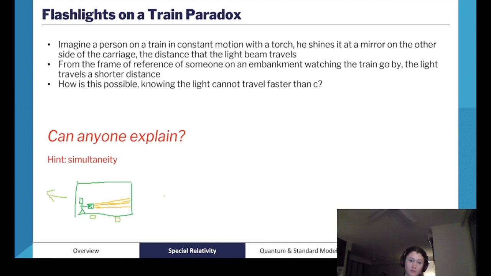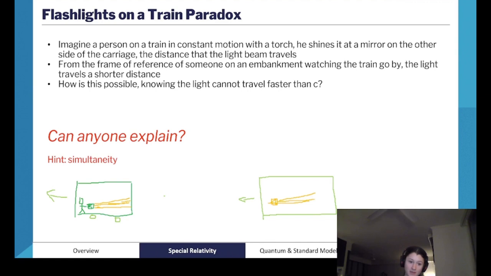Alright, from the perspective of the person on the embankment, what they're seeing is the carriage, and they're seeing the back of the carriage move towards the light source, right?